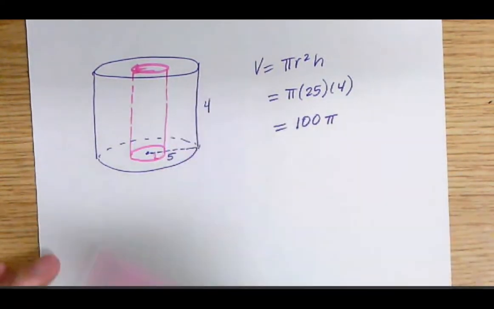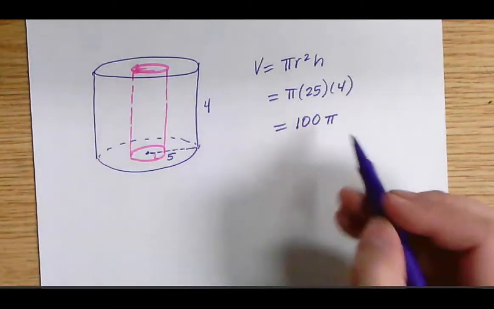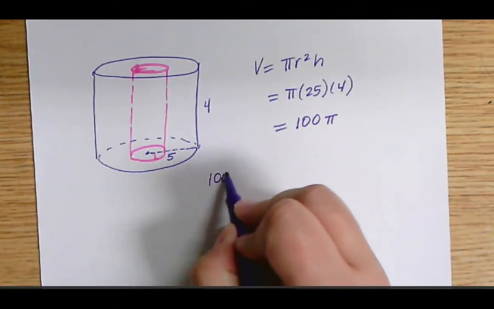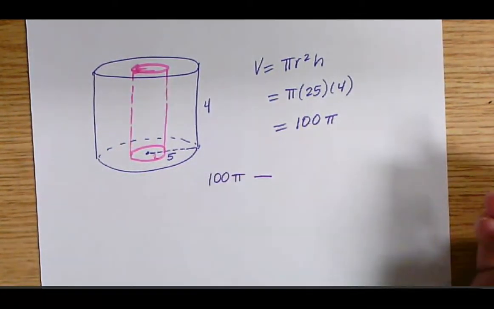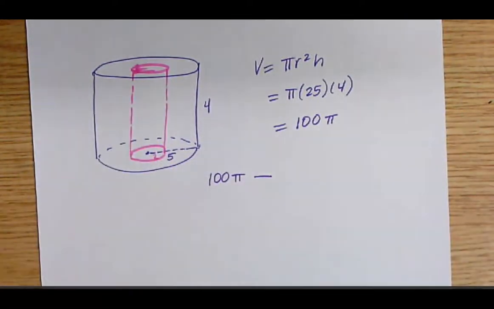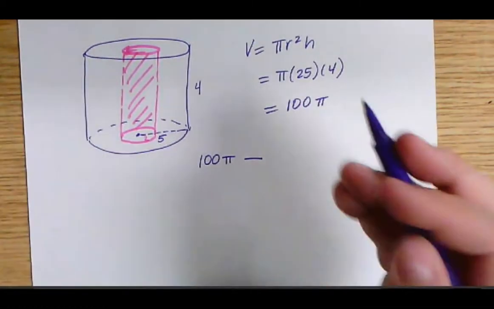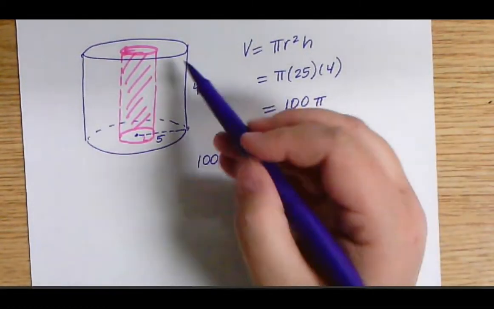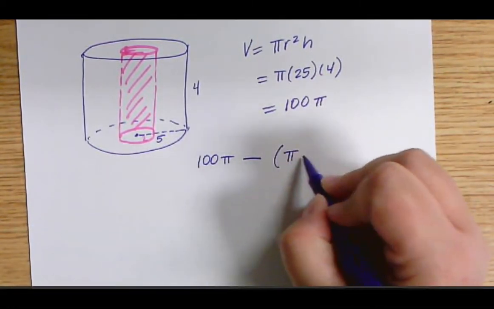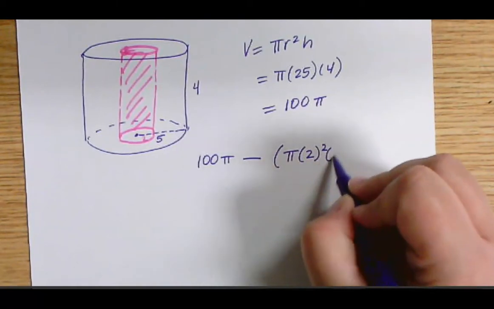Still has the same height. So what we're going to do is we're going to take this 100 pi and we're going to subtract the volume of that pink cylinder, the one I just drew in the middle. It has a radius of 2 and a height of 4 still, so pi times 2 squared times 4.